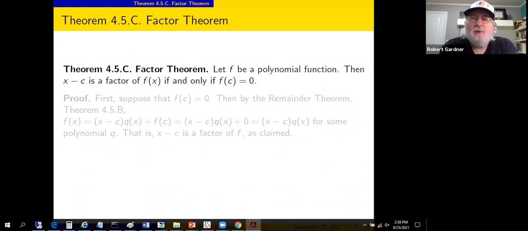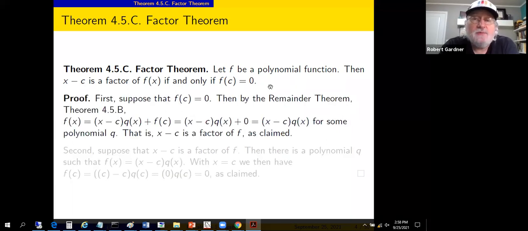It's not so much the remainder theorem as it is the factor theorem that we're interested in. We'll use the remainder theorem to prove the factor theorem. This one says, for a polynomial function f, x minus c is a factor of f if and only if f of c equals 0. So here comes the usefulness of the remainder theorem. Suppose f of c equals 0.